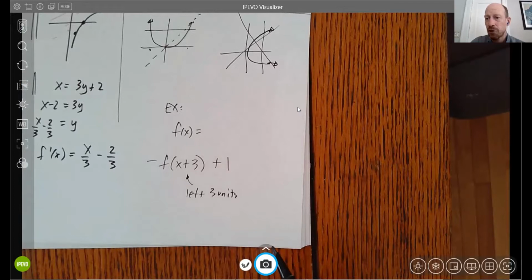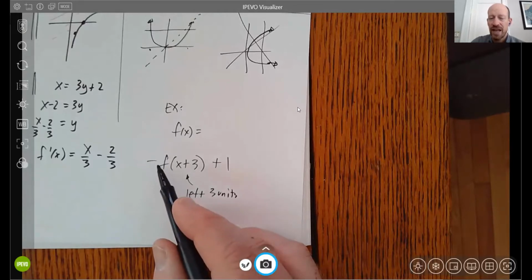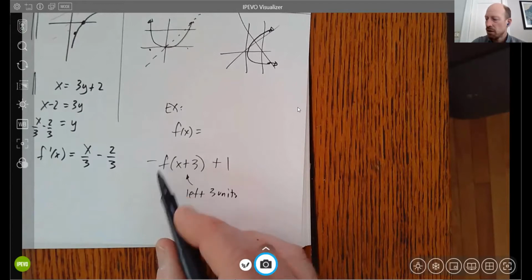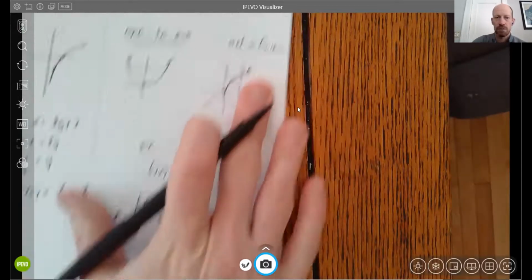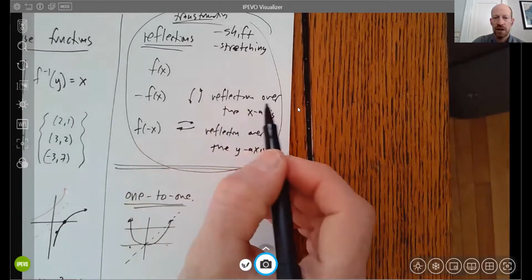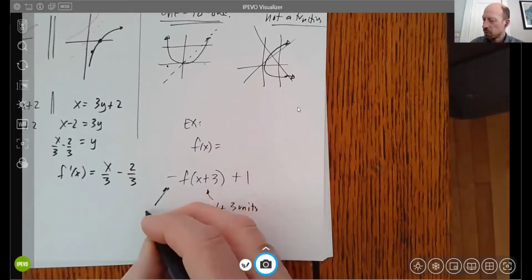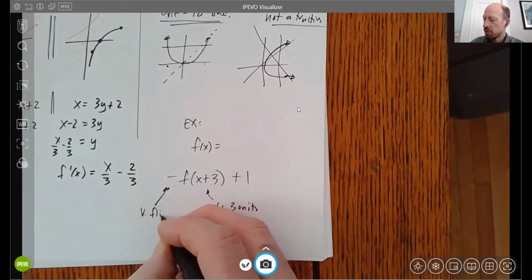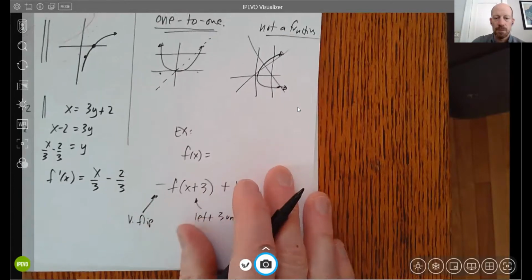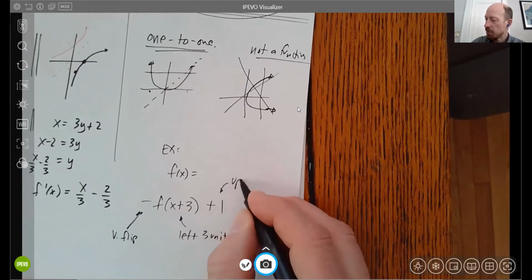Whether it's an absolute value or a square root or some other function that we haven't even learned yet, it's going to move it left 3 units. This negative, because it's on the outside, that's going to be a reflection over the x-axis. So sometimes we call that a vertical flip.